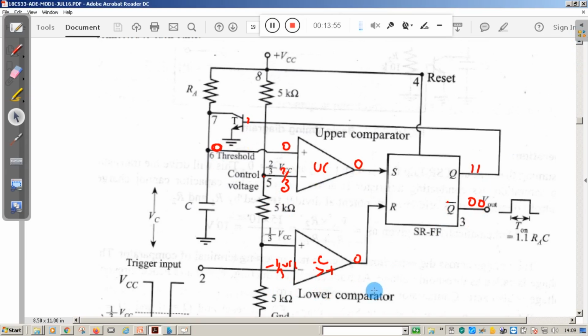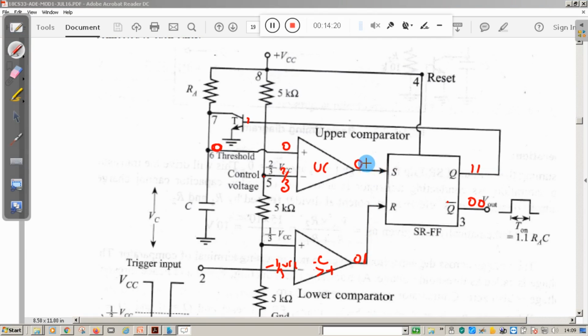When it goes below 1 by 3 VCC, that time positive becomes greater than negative. When positive becomes greater than negative, the output of the comparator, let me change the color here, becomes 1.